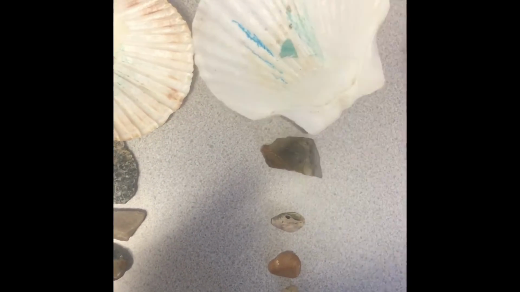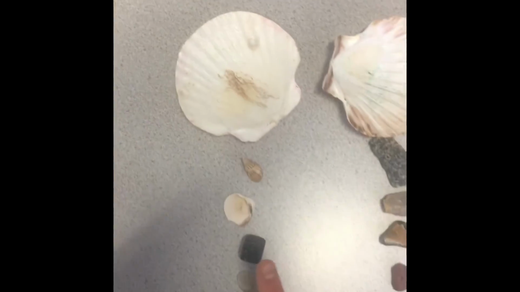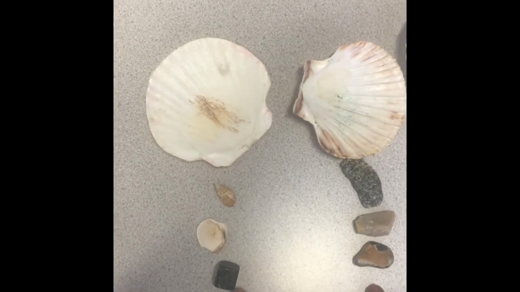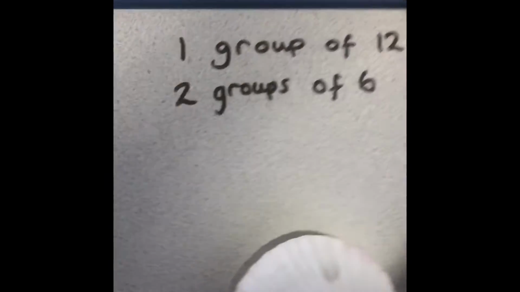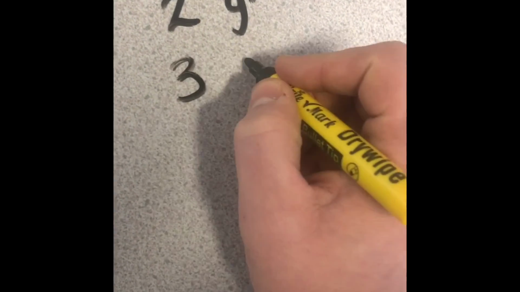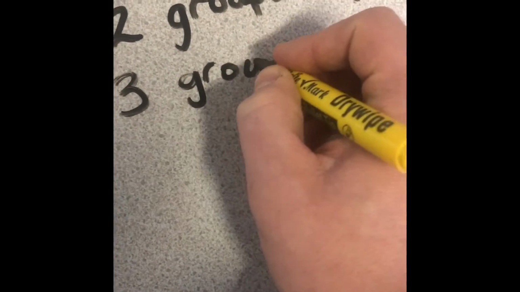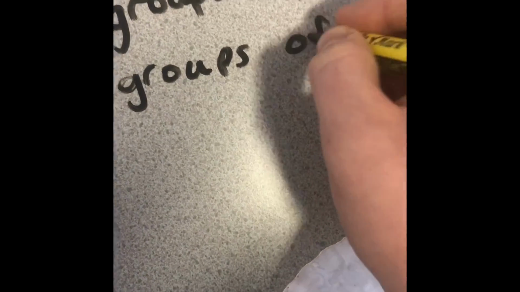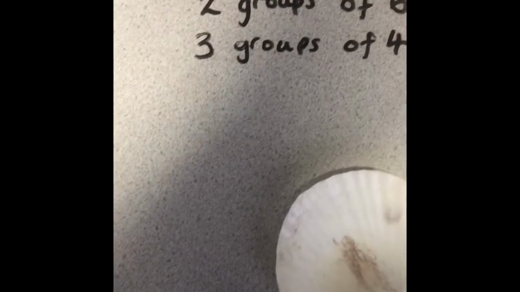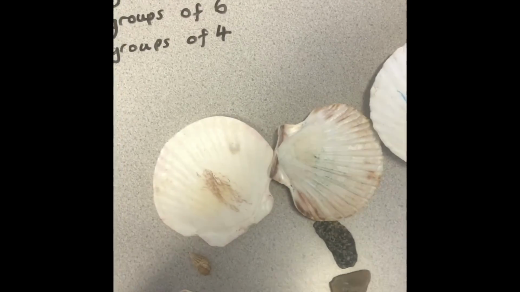Let's do that bit of rubbish out of there. Okay, so now I've made 3 groups of 4. So 12 can be split into 3 groups of 4.